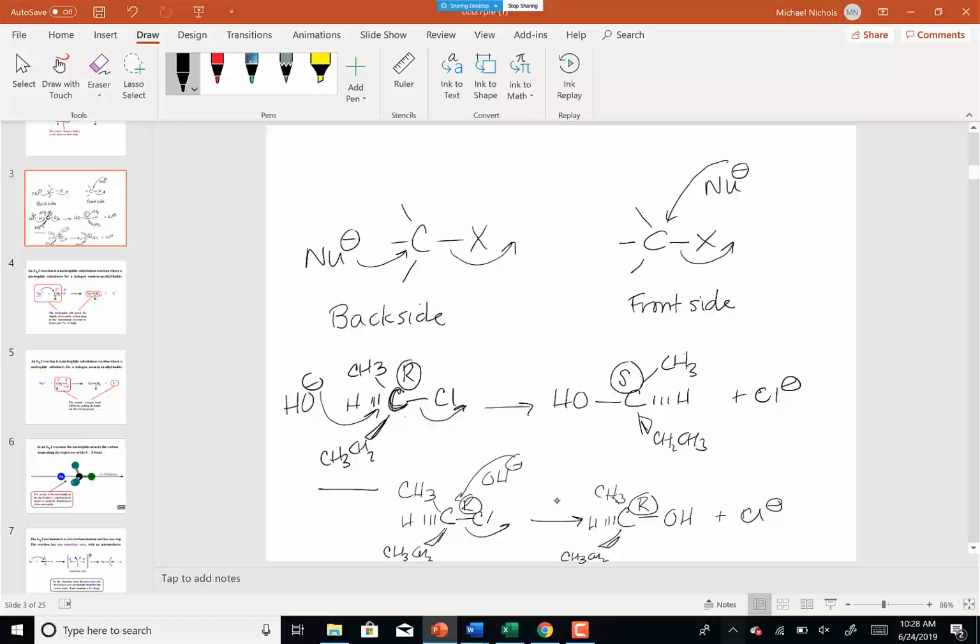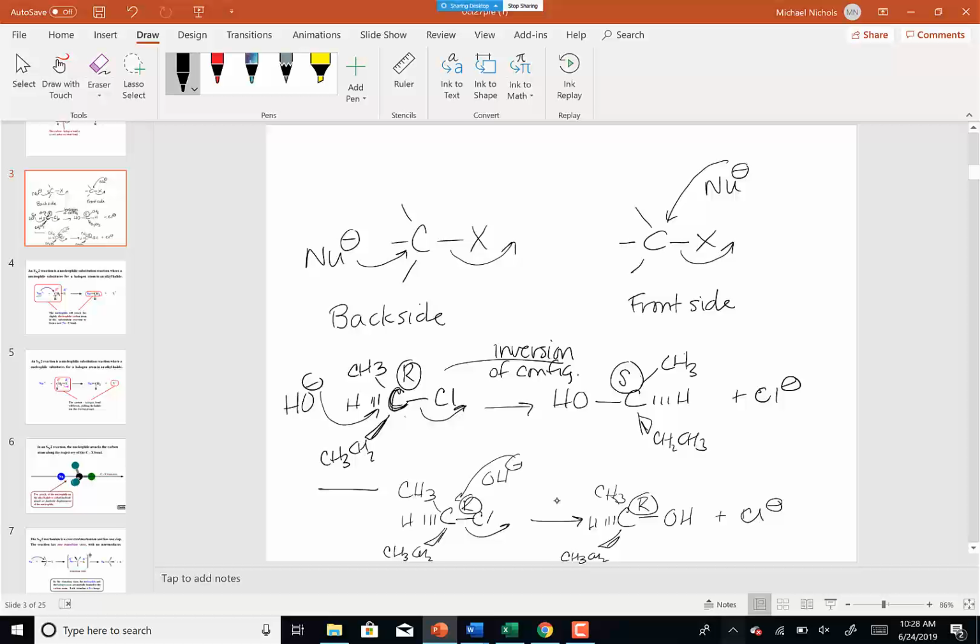So they did this experiment. What they found was that when they did this type of an experiment, they always got 100% inversion of configuration. And so the chiral center was always inverted.